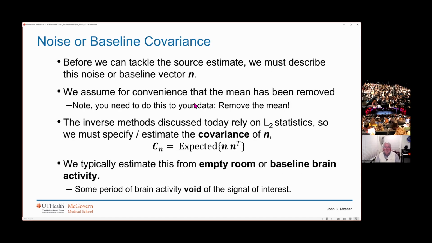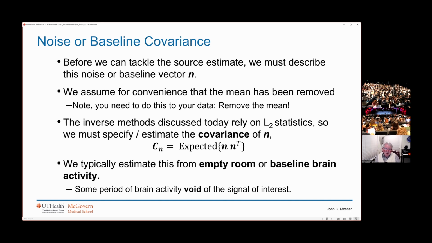And then what's actually crucial in all of it is you need a noise or baseline covariance. This is where sometimes people race forward through it too much. You need to decide what is the expected value of the noise. And from this, typically you get it, if it's MEG, from an empty room. But if you're doing EEG, what's an empty room in EEG? There's no measurement until you put the cap on.